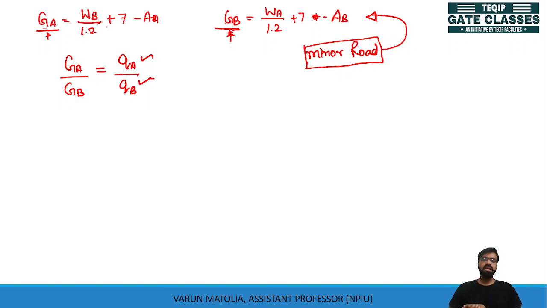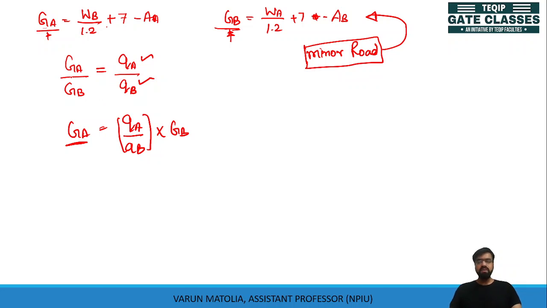Now let us calculate the time required for the major road, that is GA, to clear off the section. So GA will be QA by QB, these are known values, multiplied by another known value from the calculation, that is GB. Now this value is enough for the vehicles to clear off from this direction also, because the ratio was not equal.